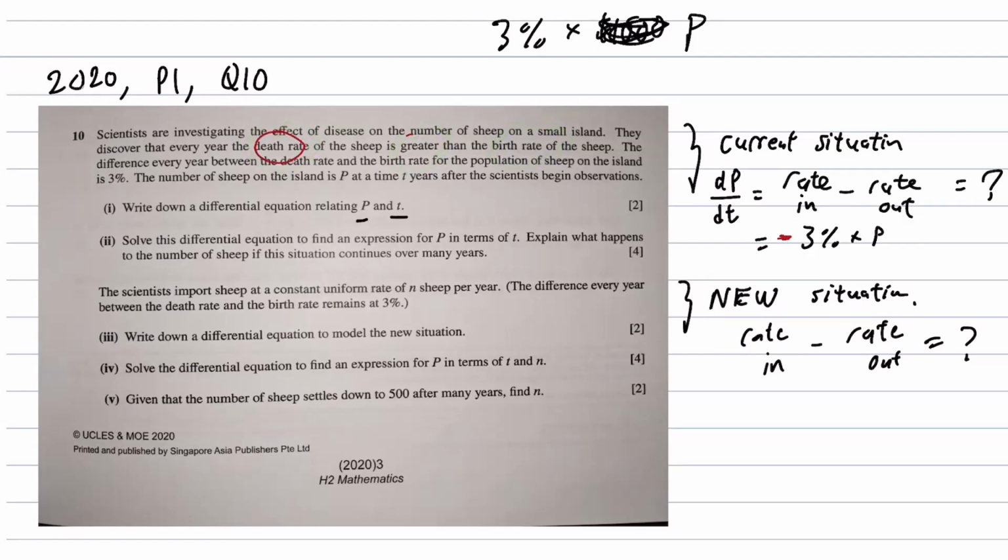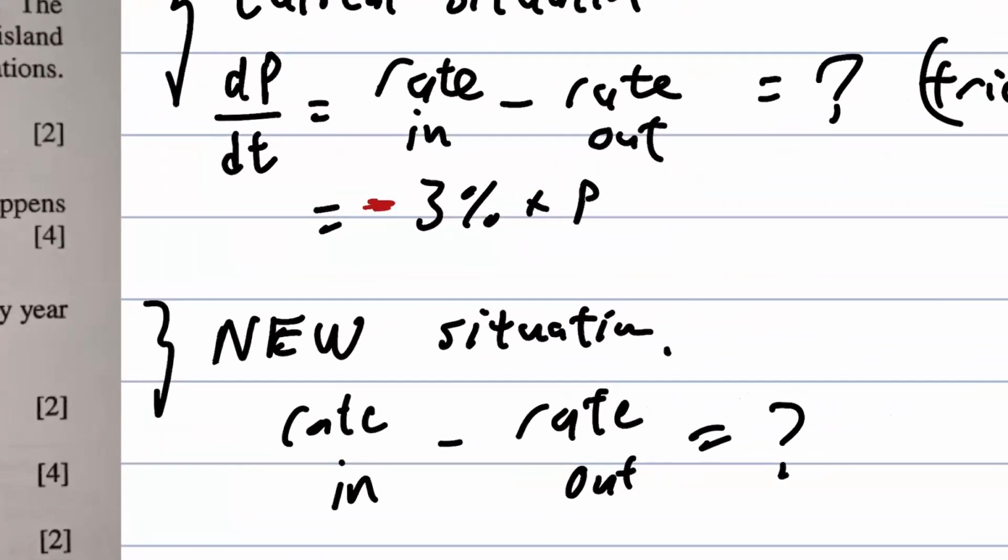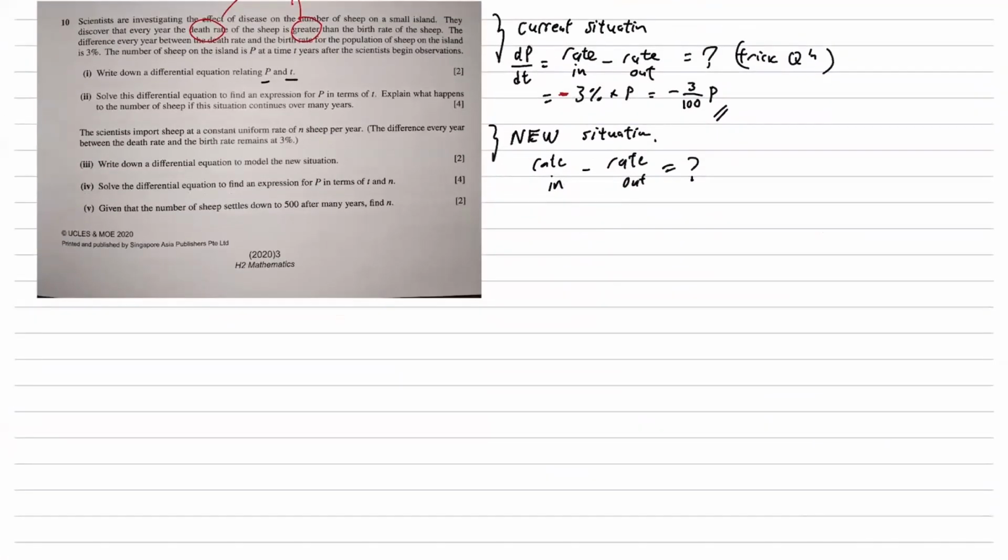Death rate greater introduces the negative sign. They won't tell you directly, they tell you very indirectly: death rate is greater than birth rate, so you know they are dying. So it must be a decreasing rate of change, so must have a minus sign. This one you must deduce on your own. Is that okay? So 3% times P. Simplifying, I prefer a fraction like this: negative 3 over 100 P. Can? Can.